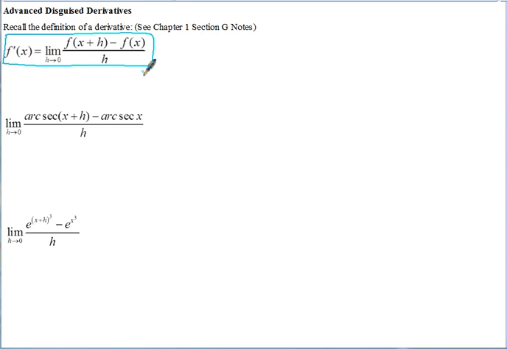So what you have to do is just first recognize, okay, the limit as h approaches 0 of arc secant of x plus h minus arc secant of x all over h, that this fits our definition of the derivative form. So this equals the derivative of some function. And you just have to figure out what that function is. In this case, you can see f of x is right here, this part of the formula. See, that's arc secant of x.